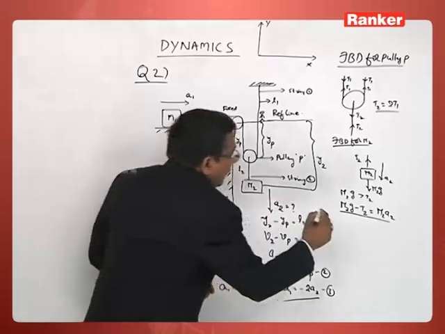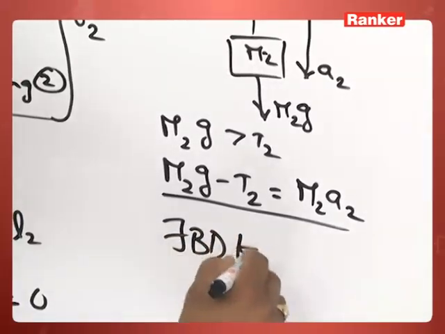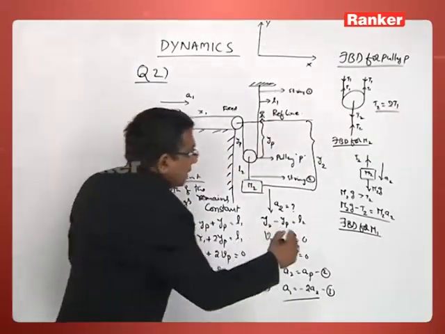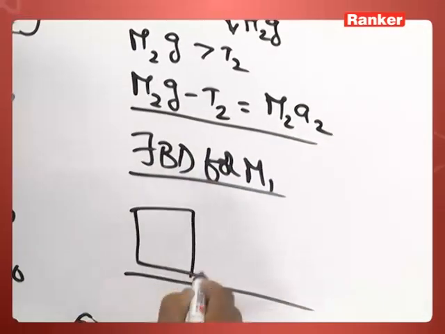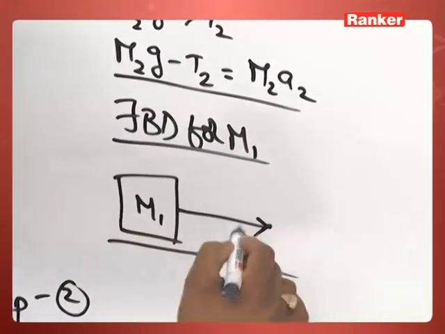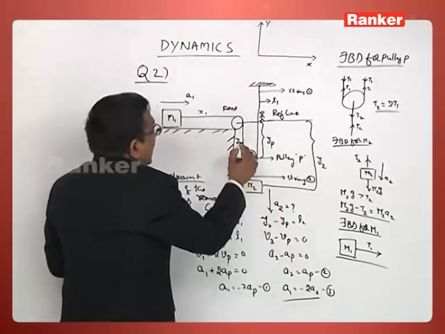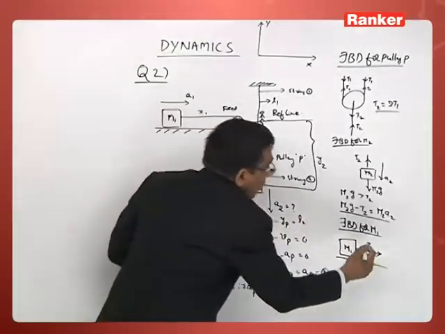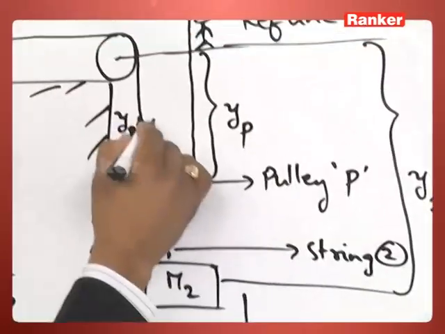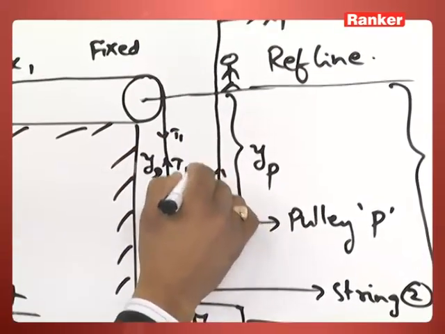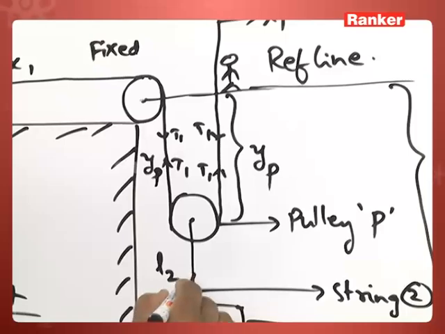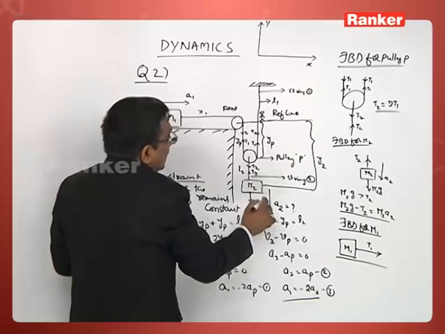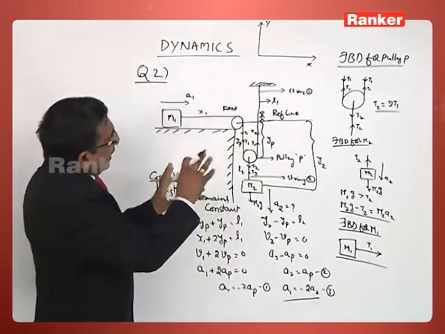Similarly, if you draw the free body diagram for M1, M1 is on a horizontal surface and it is pulled like this with a tension T1, because here I am showing you the tension T1, the same tension will act here also. Along this string, this is tension T1, this is tension T1, this is tension T1, and here tension T2 will be there, and M2G will be acting downwards. If you incorporate all this in one diagram, it will become very clumsy.